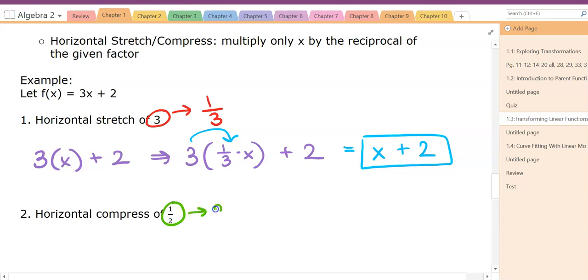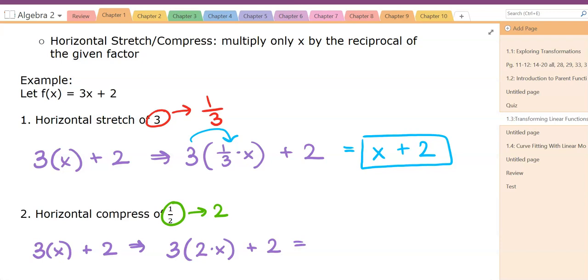Good, 2. So that's the factor that we're going to be multiplying times the x only. So again, if you want to split it into parentheses to help you out, just put parentheses around the x. So to get started here, we're only taking 2 times x, and then plus 2.